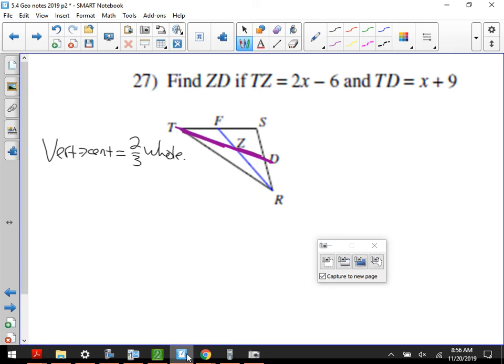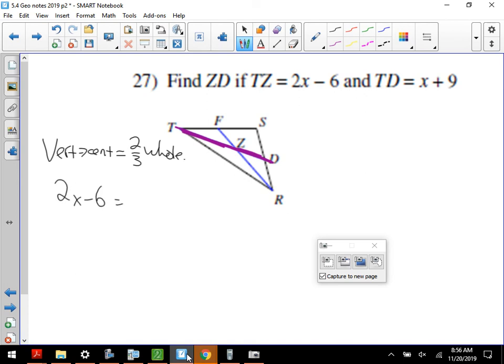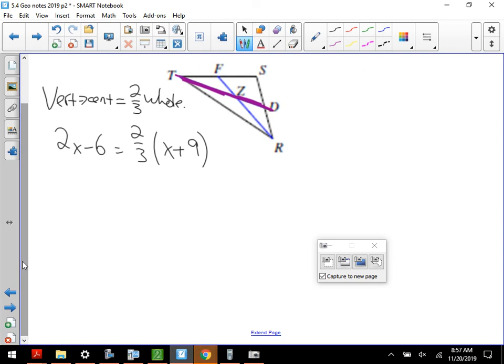TZ is vertex to centroid, and the whole thing is TD. So let's see here, we have 2x minus 6 is 2/3 of x plus 9. Now this one's going to work out rather nicely when we multiply by the reciprocal. Get rid of the fraction. So you're going to multiply both sides by 3/2.